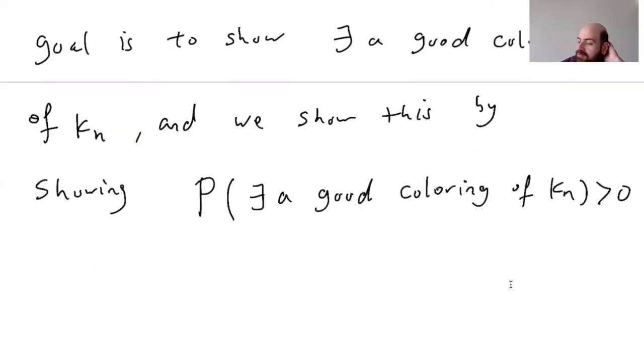Okay, so when you want to show that a probability is bigger than 0, one equivalent way to do that is to show that the probability of the complement of that event is less than 1.